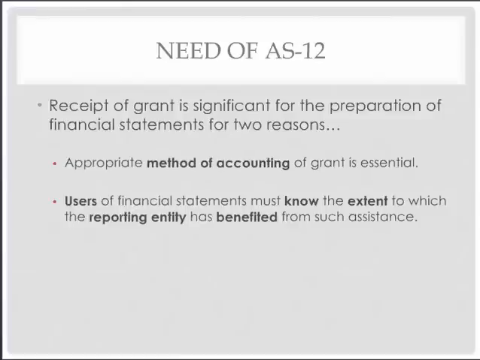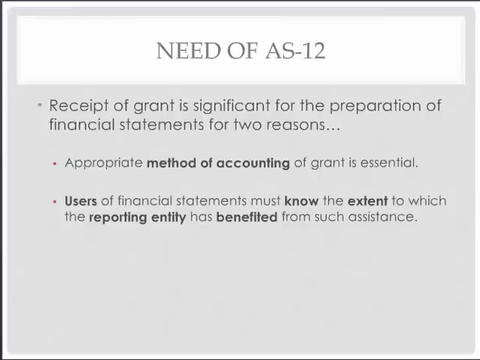You will see further that there are different kinds of grants. Some are revenue in nature, some are capital in nature, and grants need to be accounted for correctly. Because you need the correct and appropriate method of accounting, you need Accounting Standard 12.